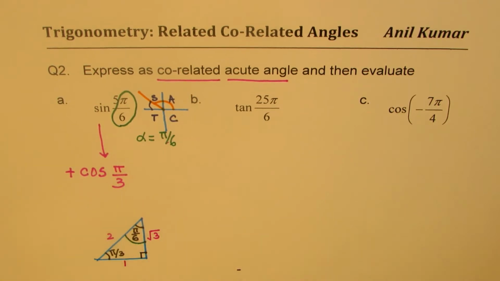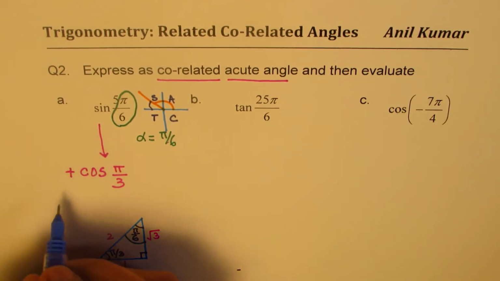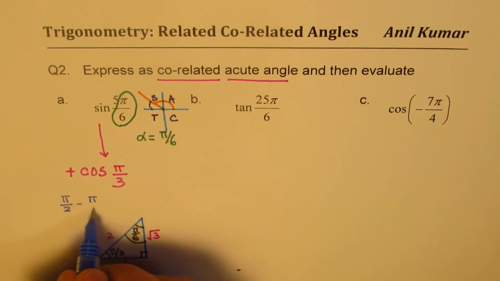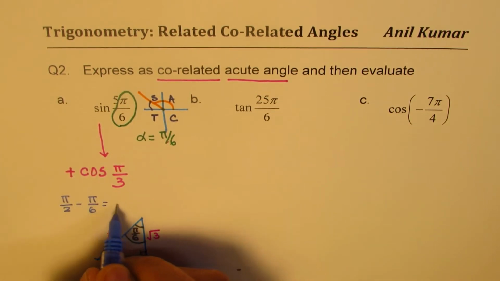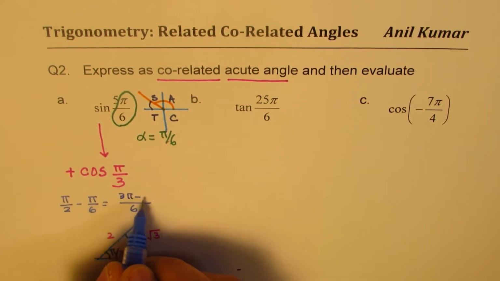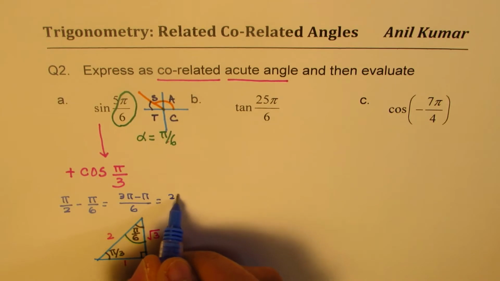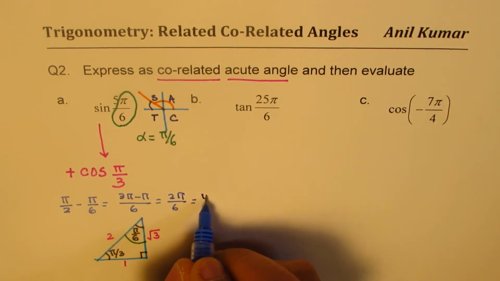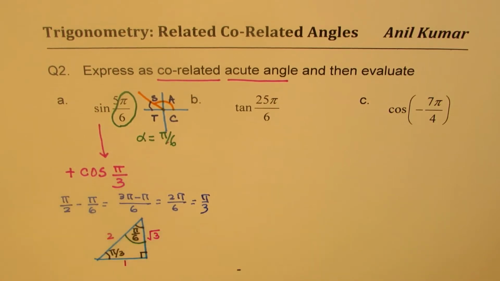How do we get correlated angles? You get them by taking away the angle from pi by 2. Right? So when you do pi by 2 minus pi by 6, you get 6 common denominator, 3 pi minus pi, which is 2 pi by 6 or pi by 3. That's what we got.